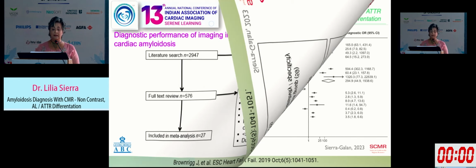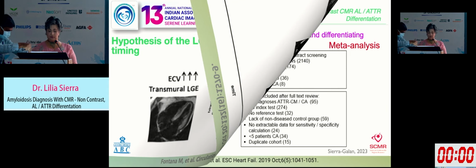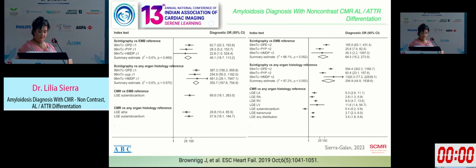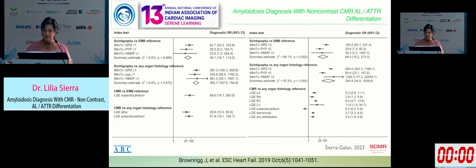And for this, we have a meta-analysis to see what is the diagnostic accuracy of those findings. Okay, so with that, well, I cannot show you, but it's around 3,000 patients.